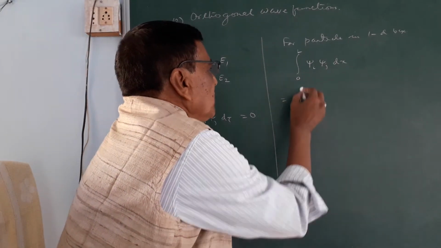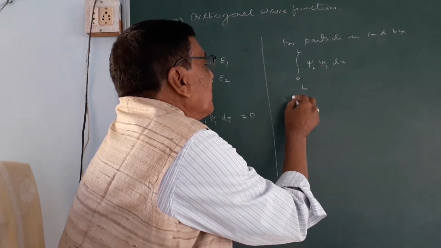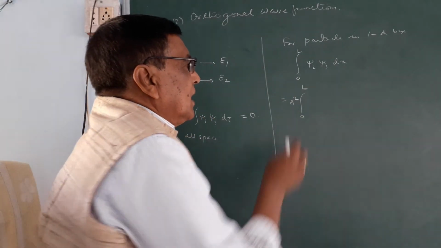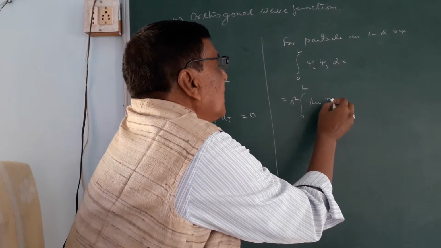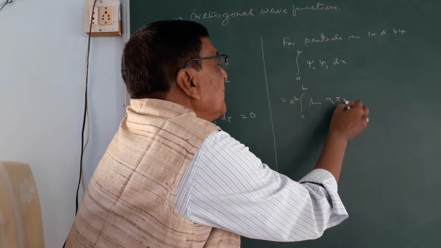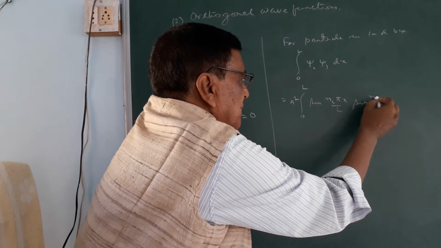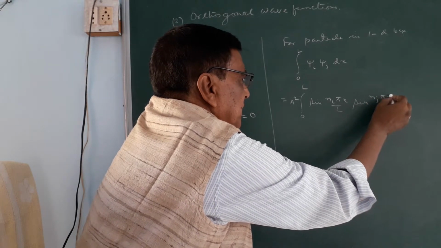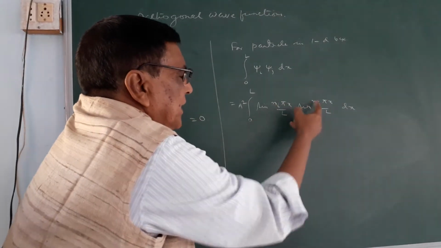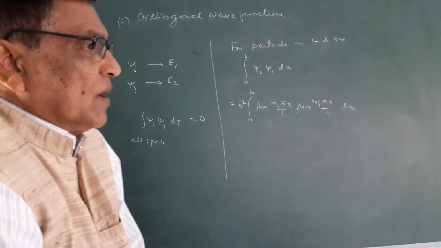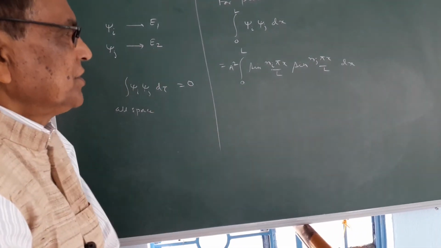Then from 0 to L, and with a normalization constant a squared, this is sin(n_i pi x by L) and sin(n_j pi x by L) into dx. Here n_i and n_j are the quantum numbers for the two states in this system.